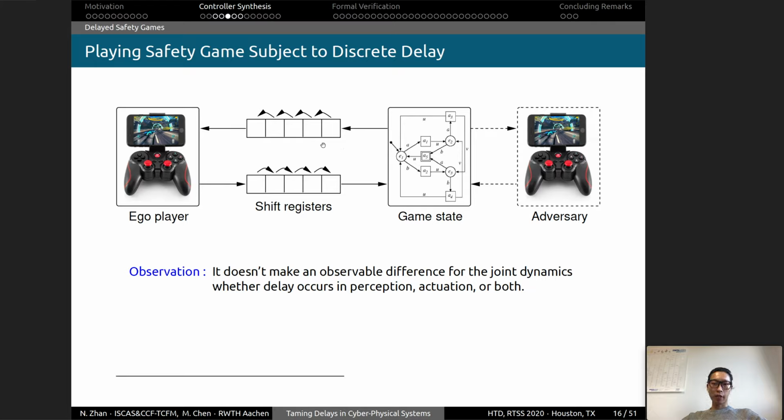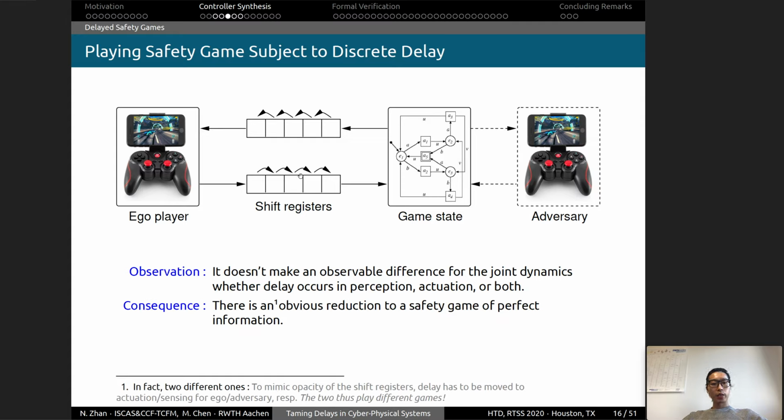Well, for the case where we have, say, m time units delay in the perception and n time units delay in the actuation, we can simply combine them as a one direction delay with m plus n time units. Good.